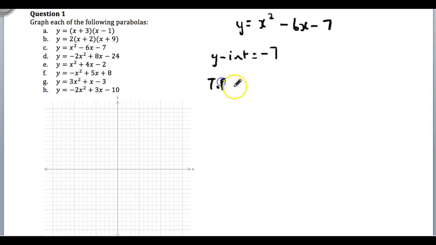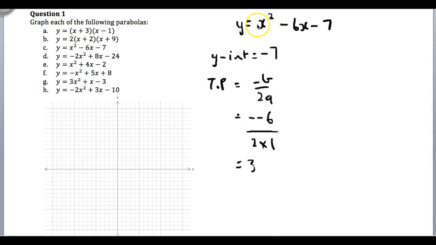Your turning point is at -b/2a. Remember, your value of a is the coefficient of x squared, b is your coefficient of x, and c is your constant. So we've got -b here, so we've basically got -6/2 times 1. Two negatives give you a positive, so we've got 6 divided by 2, which is 3.